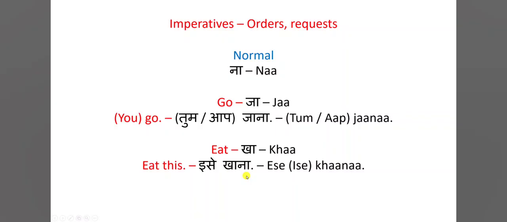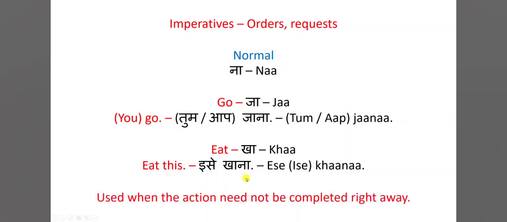And if you use this version, then it also means that the action need not be completed right away. Meaning, you are saying eat this to a person. It is important for the person to eat that, but it is not important for that person to eat it right away. He can eat it after some time, or tomorrow, or at a mentioned time. Okay?